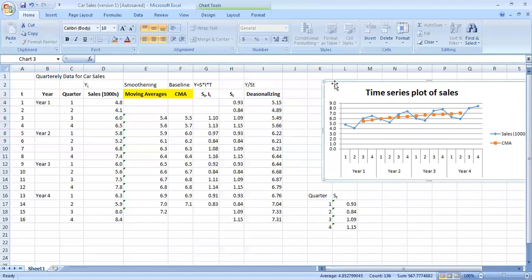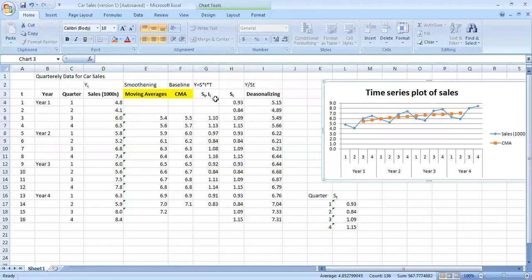First we visualized the data set. Then, by using the moving averages technique, we smoothened the data. Since it was an even number, we found the moving averages, and as a result we had to come up with the centered moving averages. So that is the baseline.